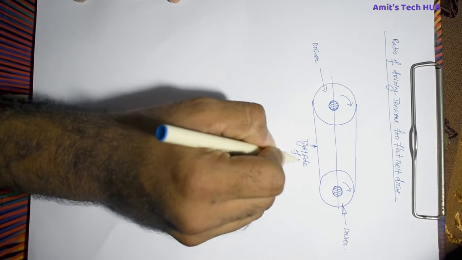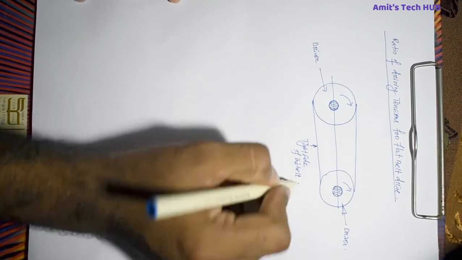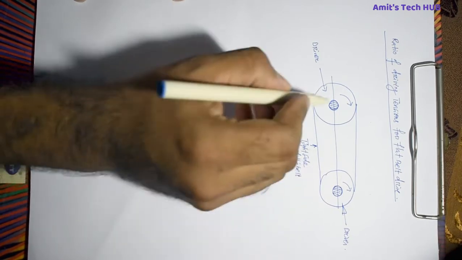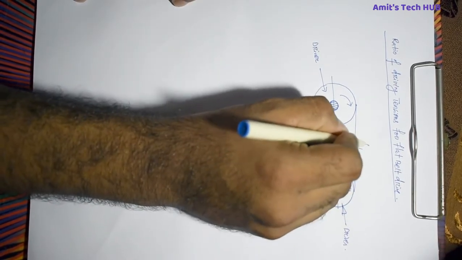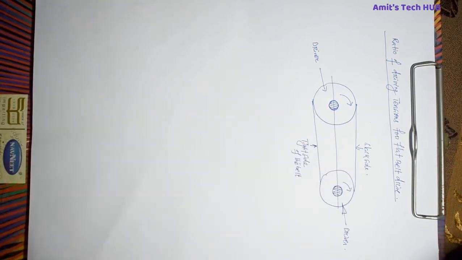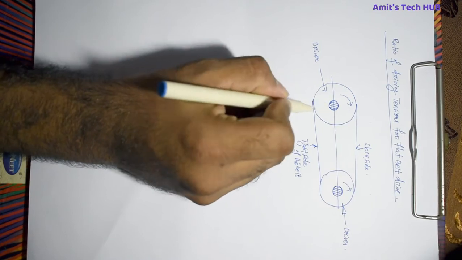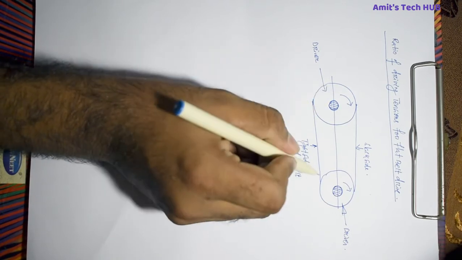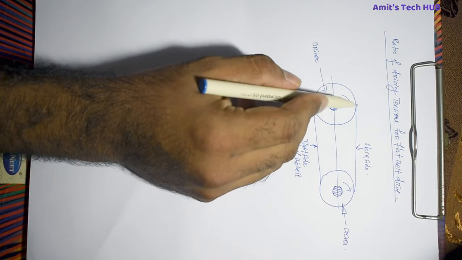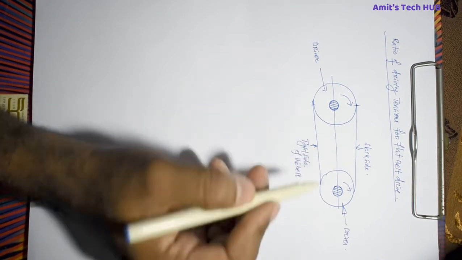I have already told you why it is the tight side, and this one is the slack side, because at this side the driver pulley tries to take the belt along with it and releases it at this point.